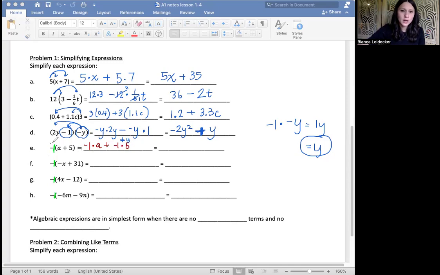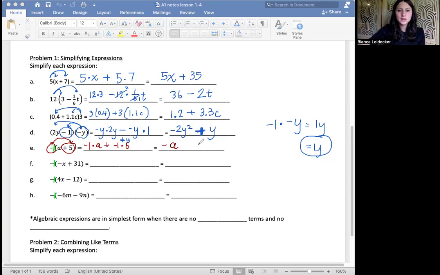Like I said before, if you look at the term with the operation in front of it when you're distributing, oftentimes that takes care of the operation in your answer. Negative 1 times positive 5 is negative 5. So negative 1 times a is negative a, and it's plus negative 5.